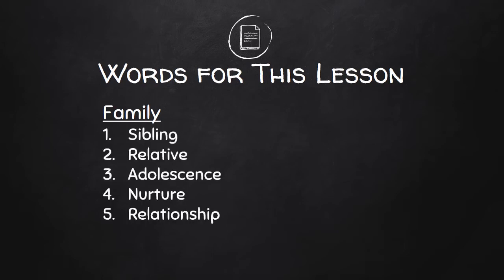For this lesson, the words are sibling, relative, adolescence, nurture, and relationship. You might know some of these words already, but the chances are that you will learn some new combinations or collocations with these words, or maybe a new example sentence that uses the word in a way you didn't know or you hadn't thought of before.